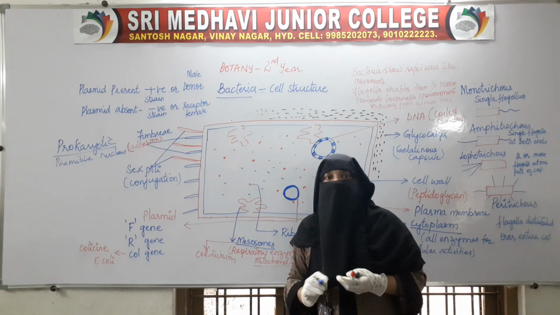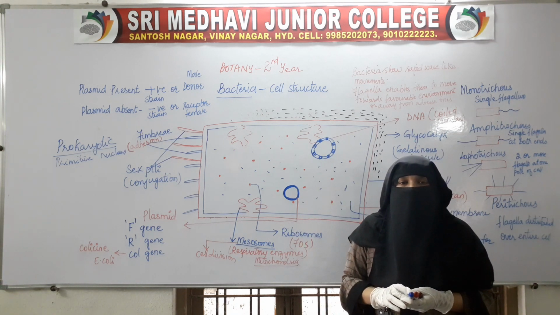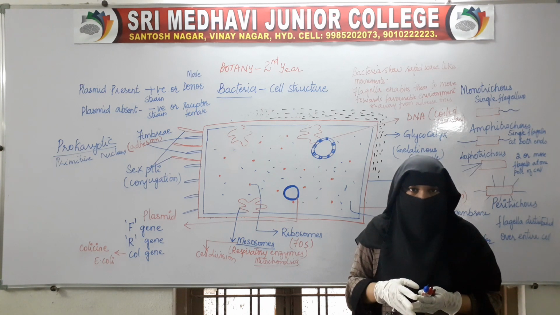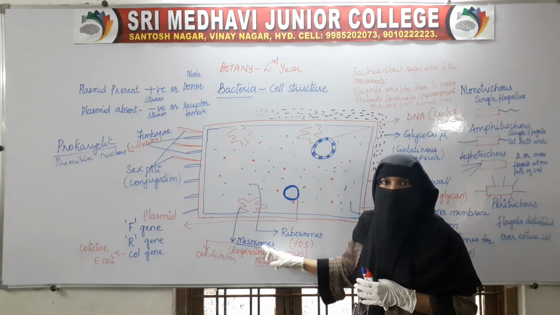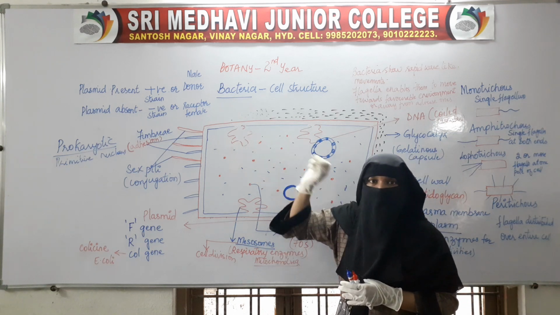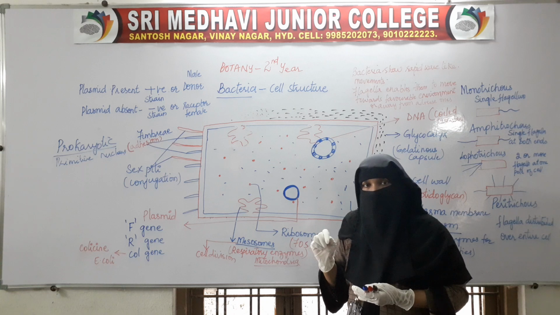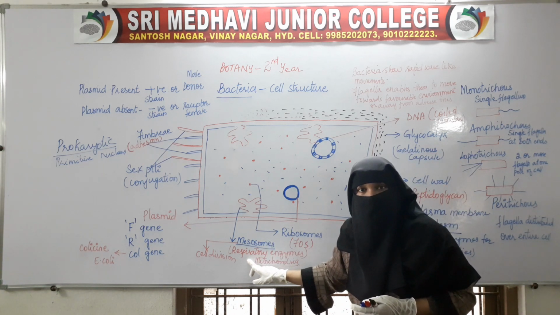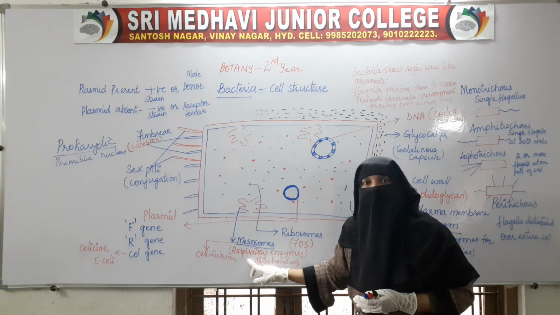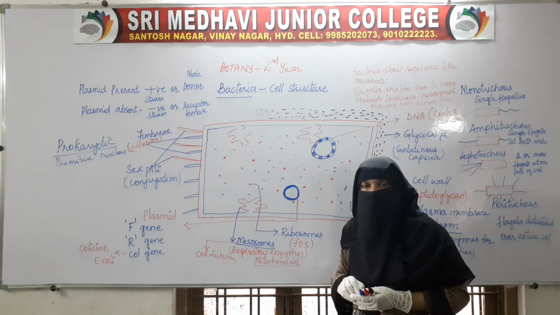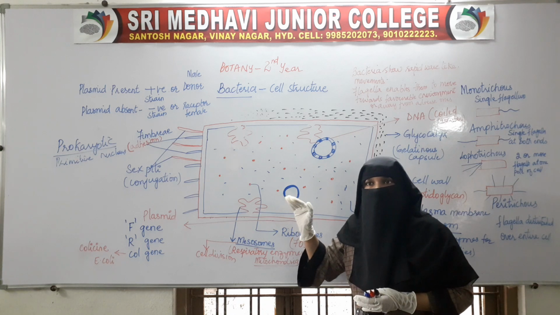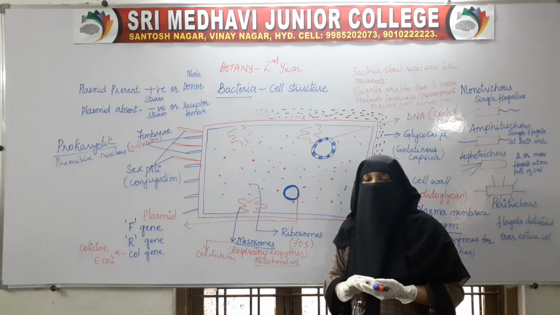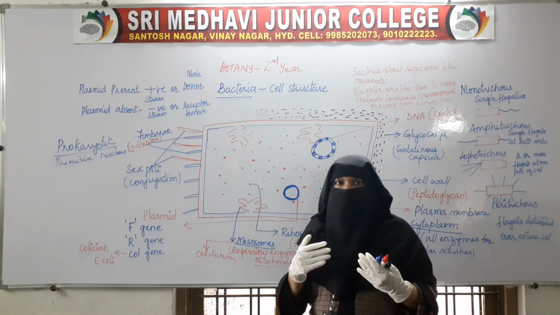Mesosomes will also have respiratory enzymes, that is, the enzymes which help in respiration. Mesosomes are nothing but foldings of the plasma membrane, and they have respiratory enzymes which help in the process of respiration, which helps the cells to respire. It is acting as the mitochondria in the eukaryotic cell, that is, in the cells of our body.